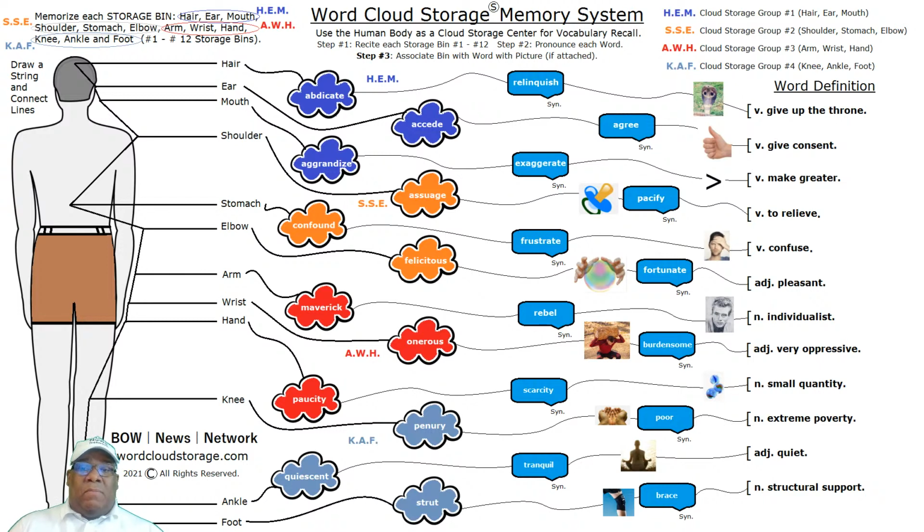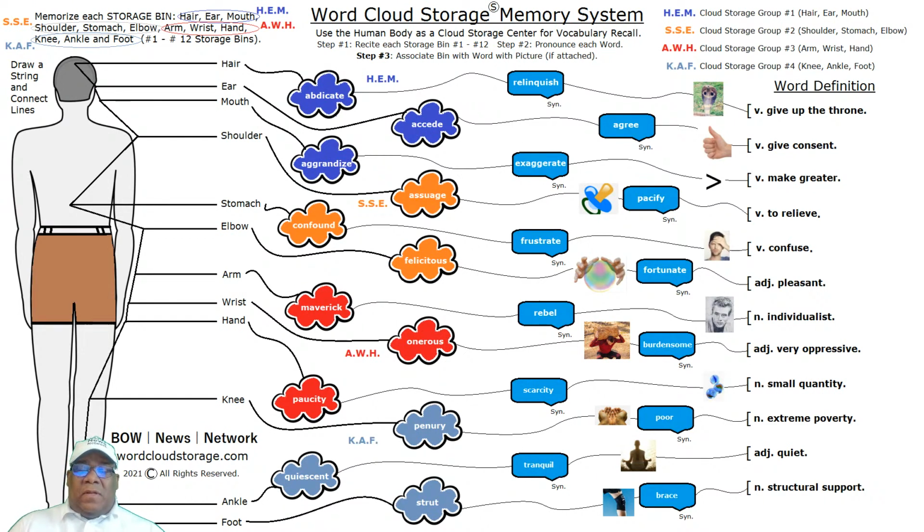Then it will trigger the meaning, a synonym most likely, and other cues such as even the color of the cloud that it was in, or even possibly, if you did a really good job memorizing where it was assigned in the body storage bins, whether it would be on a mouth or shoulder or an arm. So it all triggers back, remembering the story of the word. It triggers back to the word, to the meaning.